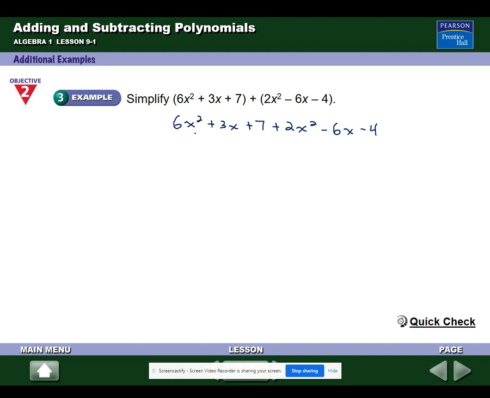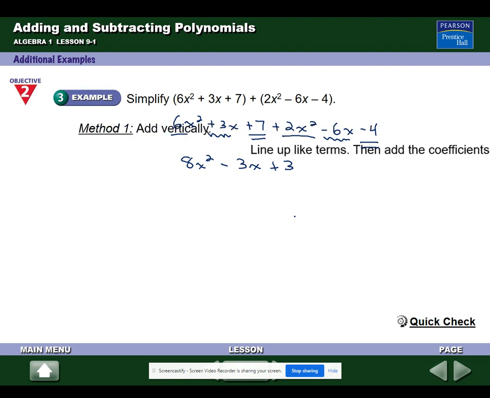Now, I notice like terms. 6x squared plus 2x squared would be 8x squared. 3x minus 6x would be negative 3x. And 7 minus 4 would be 3. This is 8x squared minus 3x plus 3 once you simplify by adding.